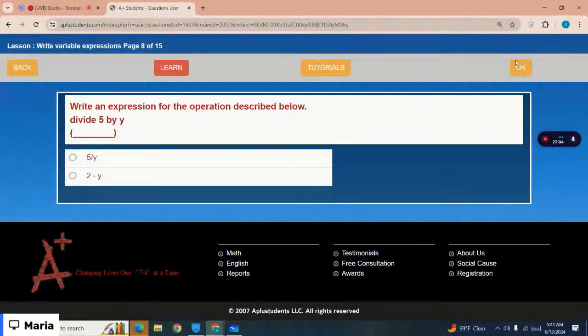Write an expression for the operation described below. Divide 5 by y. Option number 1 is the correct option.